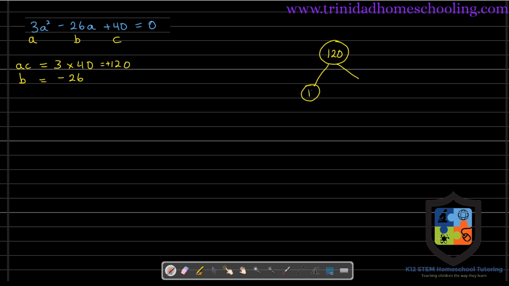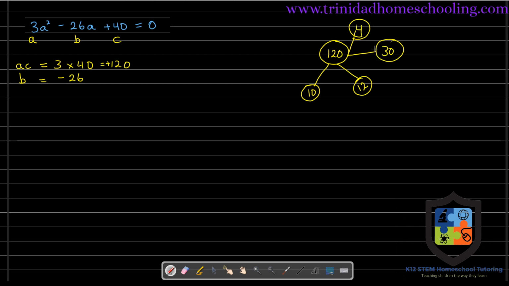Well, let's see, we have 10 and 12. When we multiply these two, we will get 120. But does 12 plus 10 give us minus 26? No, not even the negatives of them giving us 26. Alright, let's try 30 and 4.